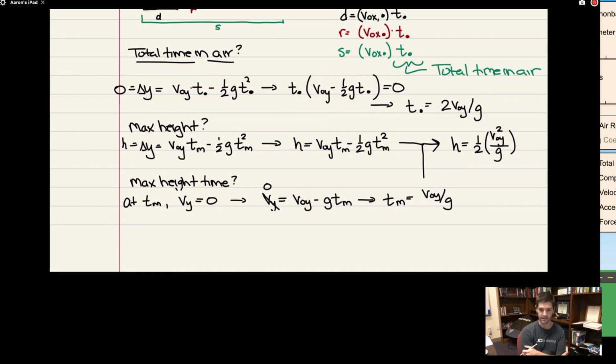If you plug in v divided by g for t, your h becomes 1/2 v squared, the vertical velocity squared, divided by g. So that is a formula for the maximum height. But again, I think it's better to know how you would go about deriving it rather than just memorizing a bunch of formulas.